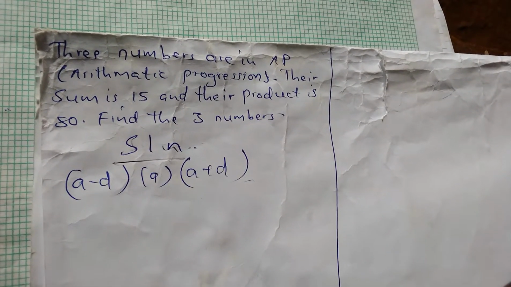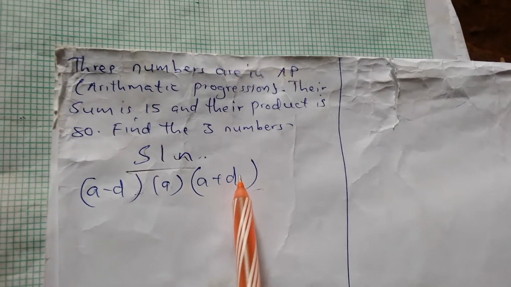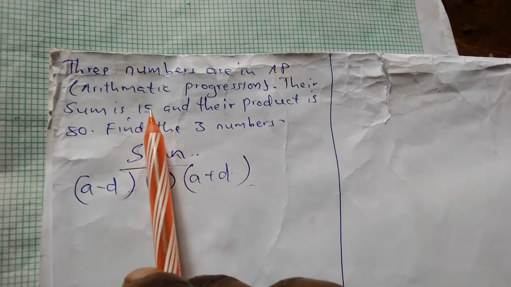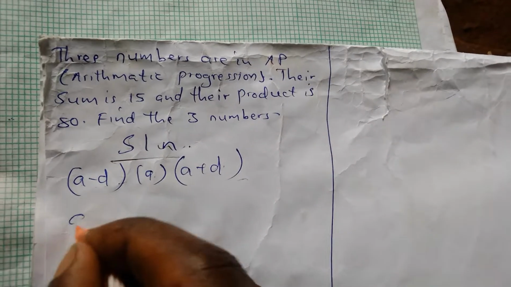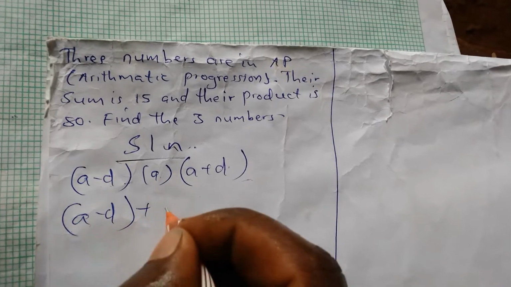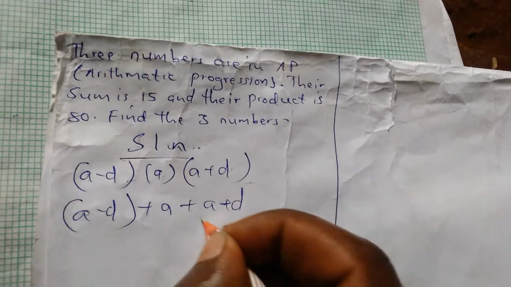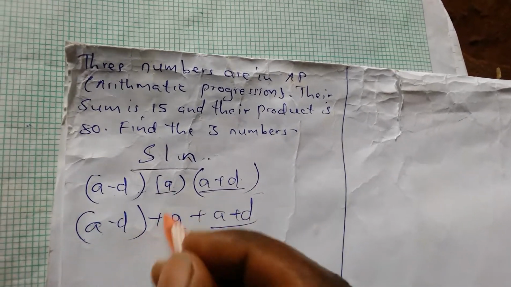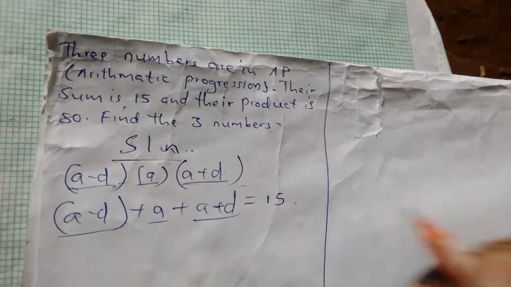From there, you are just going to say addition of these three numbers gives you 15. So you are going to form an equation for addition or sum. A minus D plus A plus A plus D will give you 15.